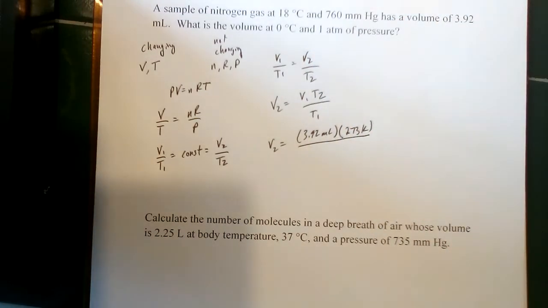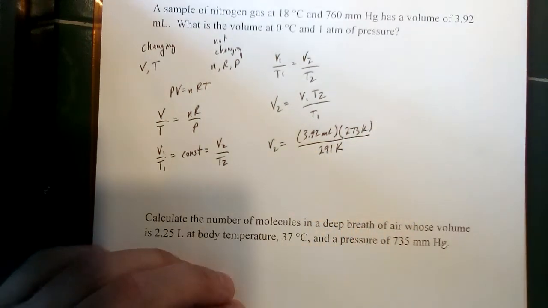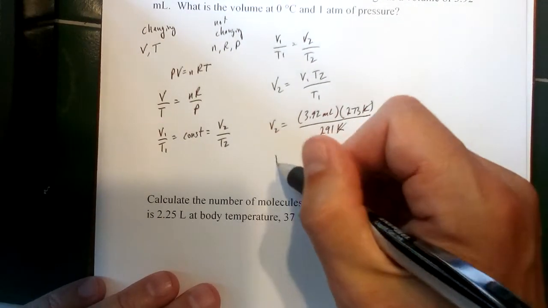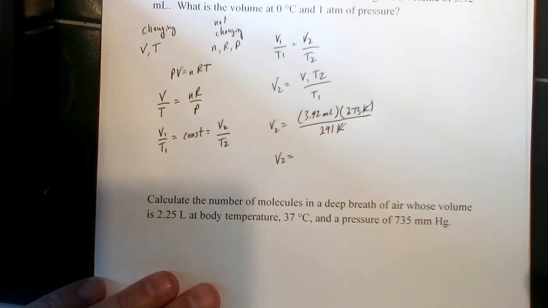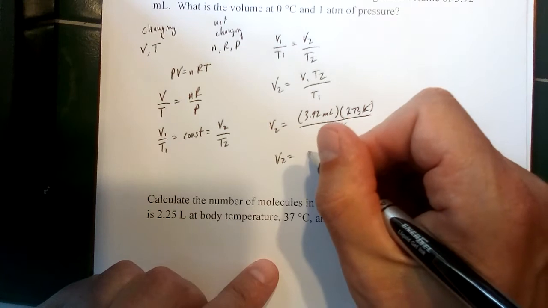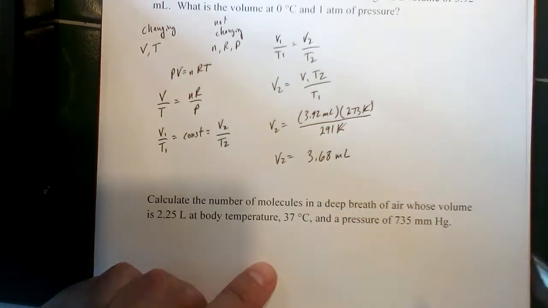And then 18 plus 273, I'm going to do that on my calculator just to be safe, would be 291 Kelvin for T1. Right? And now they do cancel out there, and this will give us that second volume in milliliters. So 3.92 times 273 divided by 291. And the second volume here would be 3.68 milliliters.